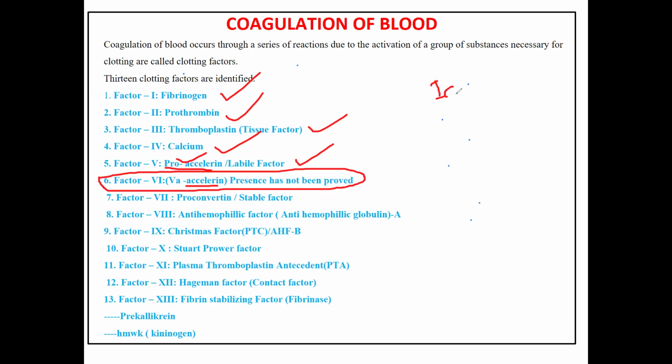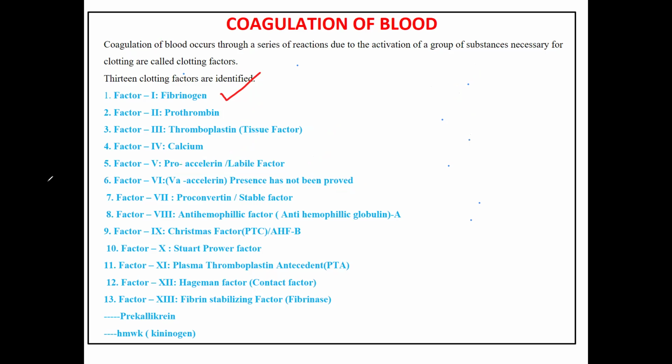When you write 1A, that is activated first factor. And for example, 2 is the inactive factor. When you add A, that is the activated second factor, the prothrombin, like that. So these are the 13 factors. You should learn them by heart.